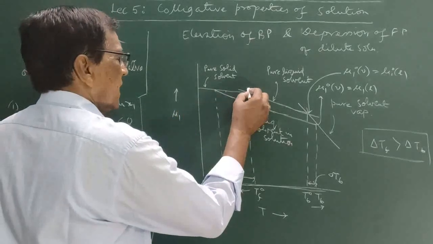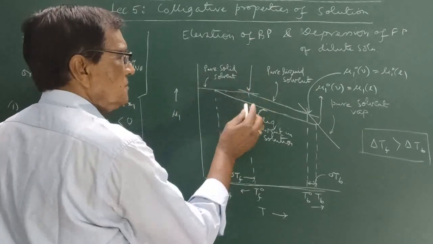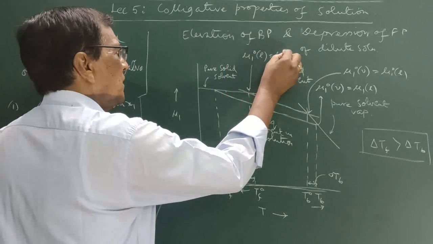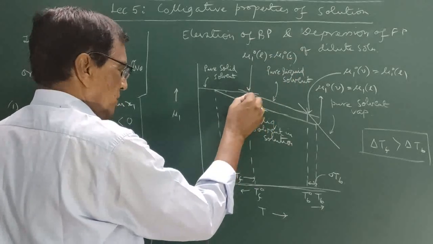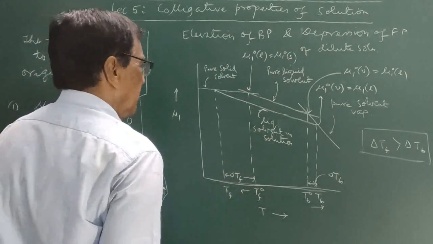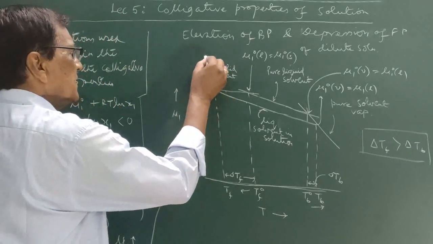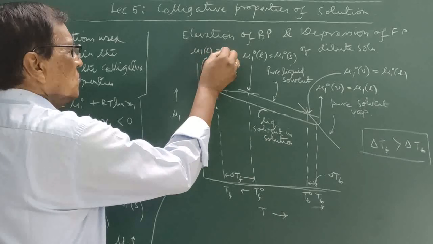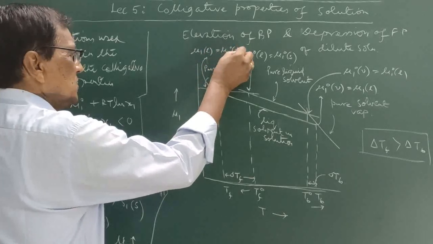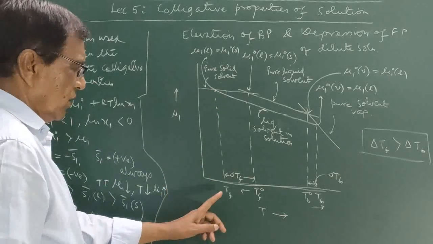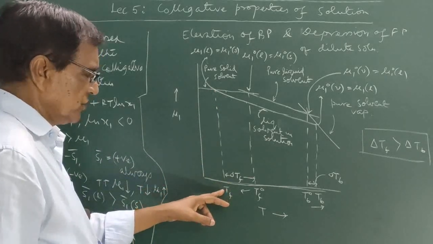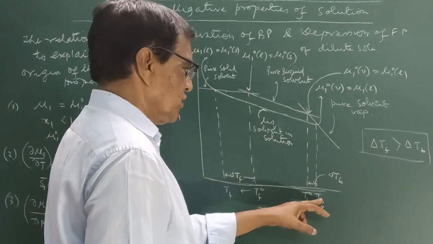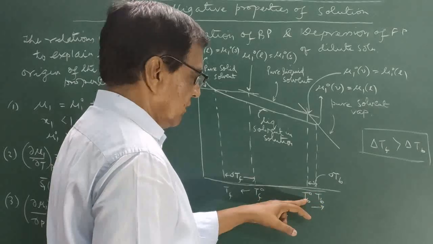Similarly here, mu1 naught liquid equals mu1 naught solid, so this will be the freezing point of the pure solvent. In this case mu1 L is equal to mu1 naught S, so this will be the freezing point of the solution. The freezing point of the solution is lower than the freezing point of the pure solvent. Here the boiling point of the solution is greater than the boiling point of the pure solvent.